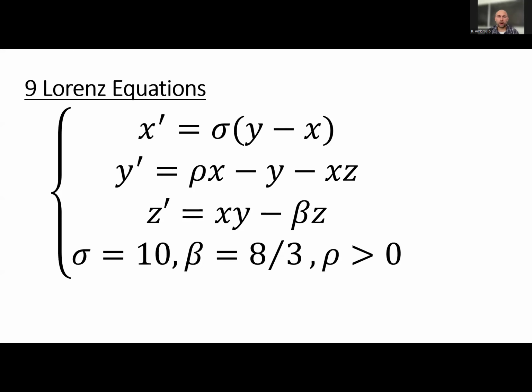So today we are discussing a little bit the Lorenz equations. Those equations were introduced by Edward Lorenz in the 60s. Lorenz was working on weather forecasting, and he came up with those equations from Navier-Stokes.